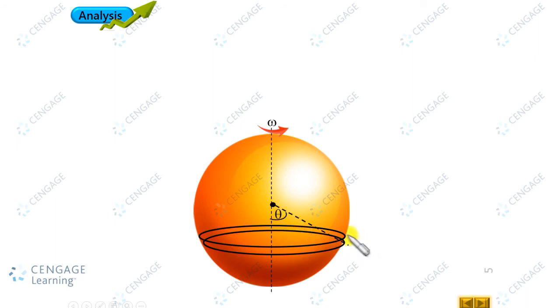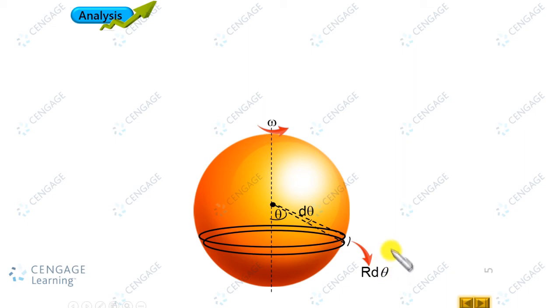And the angular width of this ring, consider this angle, is d theta. Now this distance, that is the width of the ring, should be equal to, radius is R and this angle is a small angle d theta, so this distance should be equal to R d theta.